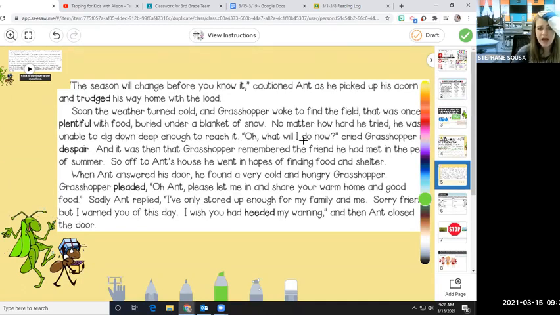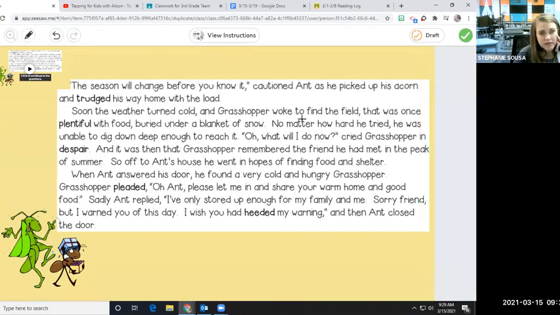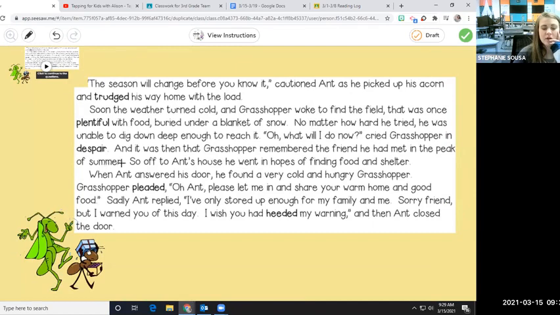Oh, what will I do now? Cried Grasshopper in despair. That's a good word. And it was then that Grasshopper remembered the friend he had met in the peak of summer. So off to Ant's house he went in hopes of finding food and shelter.